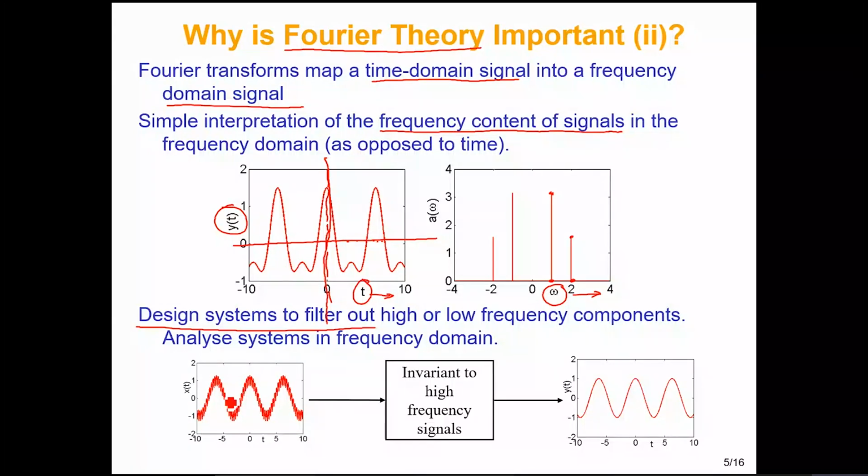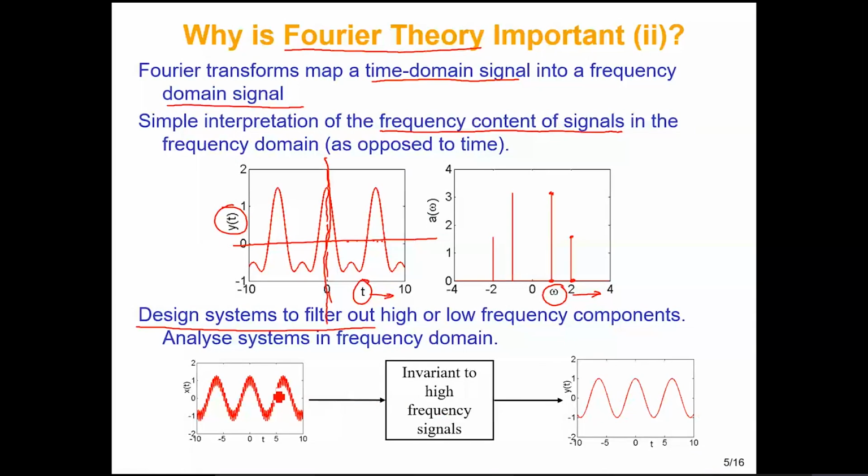This changing amplitude is showing us that. So let's say this was the actual signal required, and on top of it we have some noise, some high frequency content riding on this. Then we can design a filter which will filter out the high frequency content, and you will be just left with your nice and clean signal.